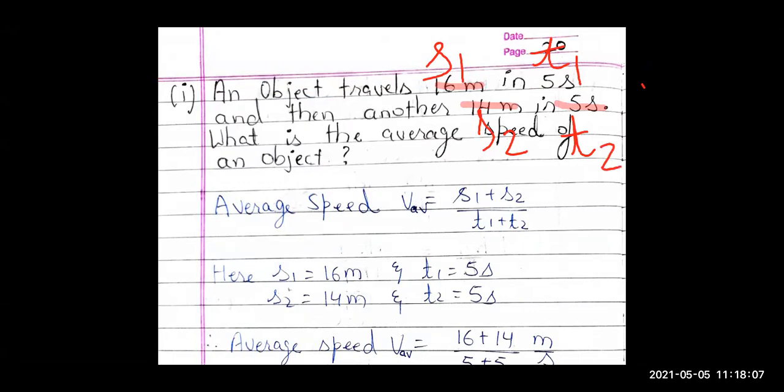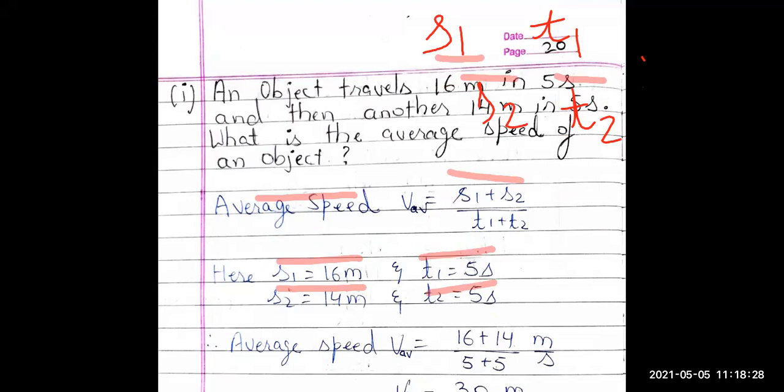So as we all know, to find the average speed, we are going to use the formula. Average speed is total distance by total time. Total distance is S1 plus S2 and total time is T1 plus T2. We know the value of S1 and S2, substitute the value of T1 and T2, and then the average speed comes out to be 16 plus 14 meter upon 5 plus 5 seconds.